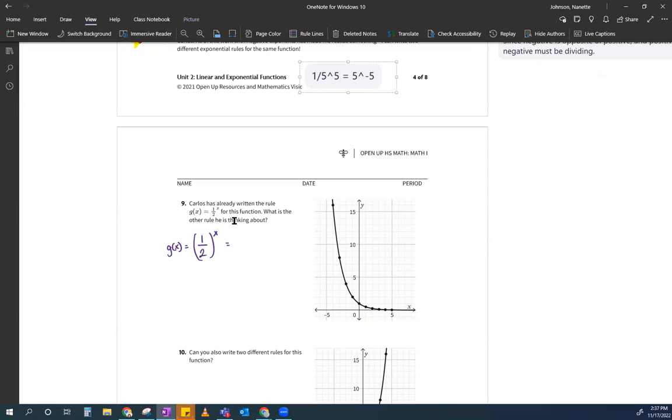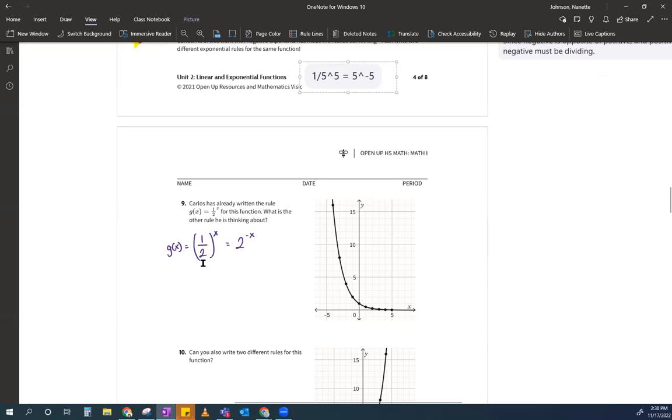Someone says, Miss Johnson, I think it's equal to 2 to the negative x. Let's test it. What does this negative exponent mean? Yeah, to divide. Oh, that's why you put them down here, Miss Johnson.